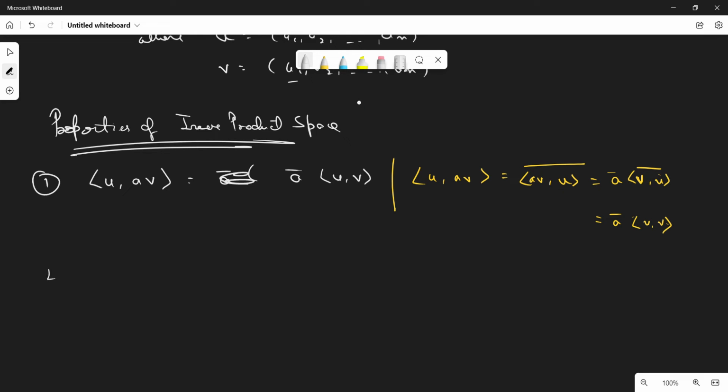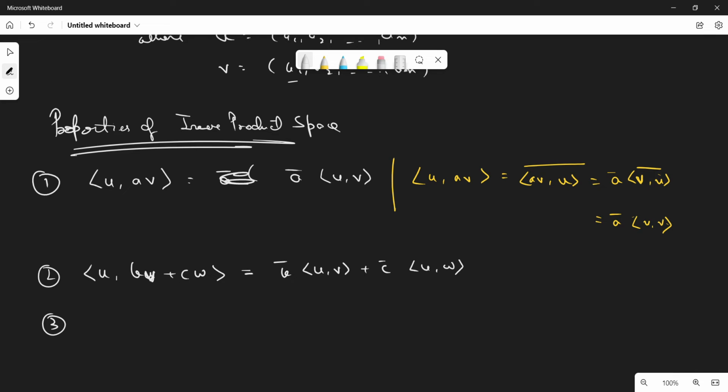Next property we see. So this is kind of an extension of this property itself. Inner product on u, bv plus cw can be written as b conjugate ⟨u, v⟩ plus c conjugate ⟨u, w⟩. Clear?